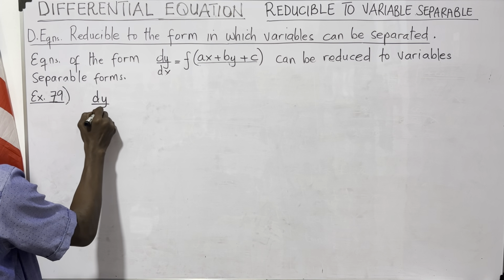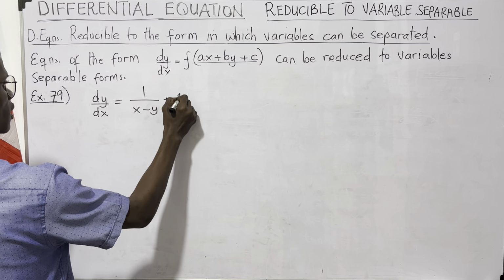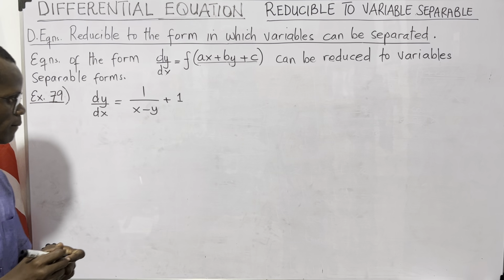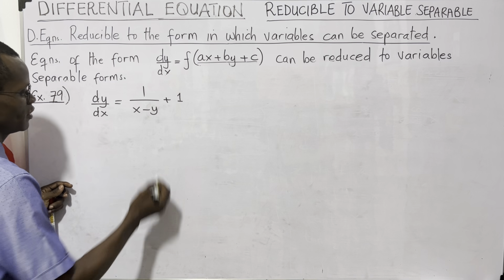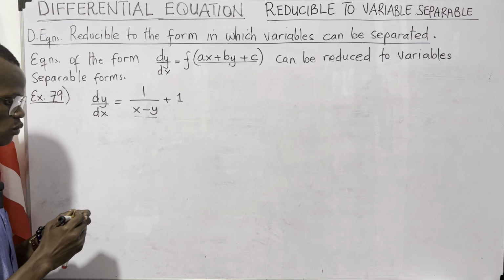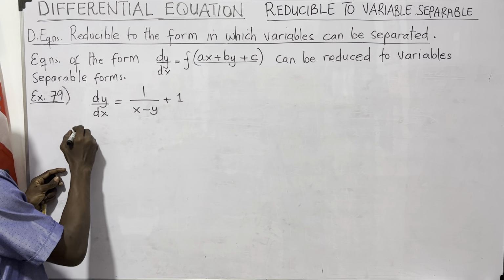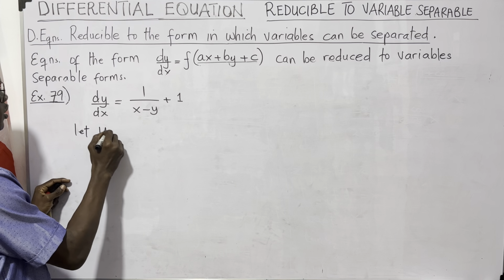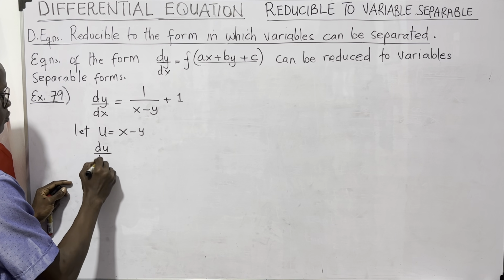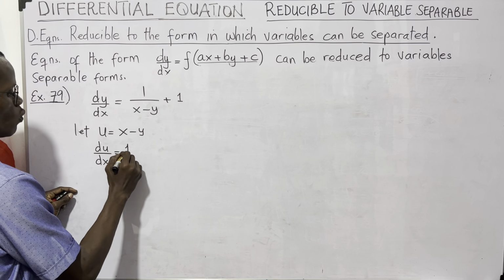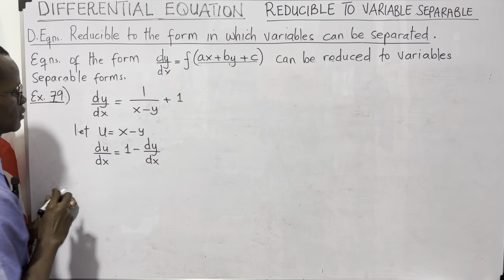So dy by dx is equal to 1 all over x minus y plus 1. So let's look at this problem as well. In similar form, we replace this x minus y with some other variable, right? So we say let u equal x minus y. And then du by dx will just be 1 minus dy by dx.